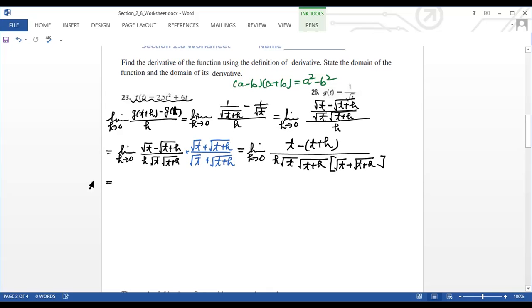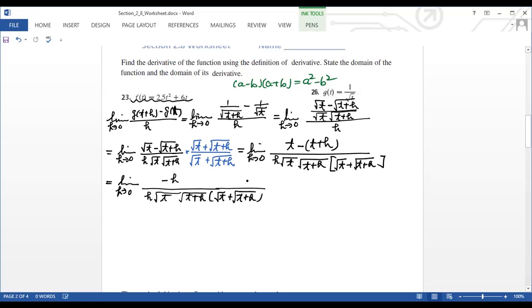Okay, now let's simplify this a little bit. The numerator t minus (t plus h) is negative h, right? So it's easy. Then the bottom, this is h, and this is square root of t, square root of t plus h, and this is square root of t plus square root of t plus h.